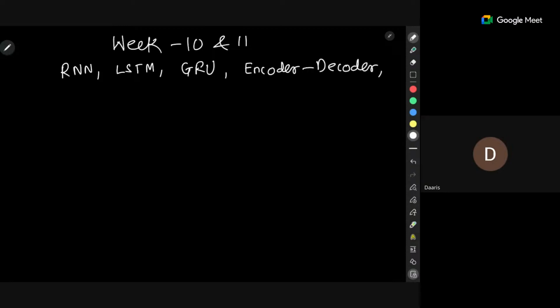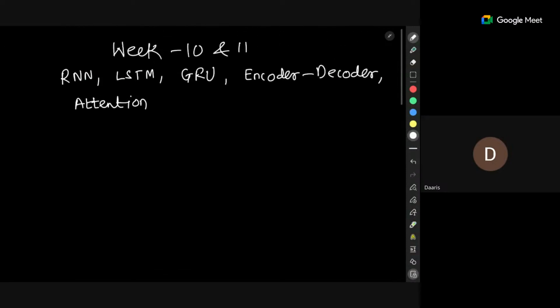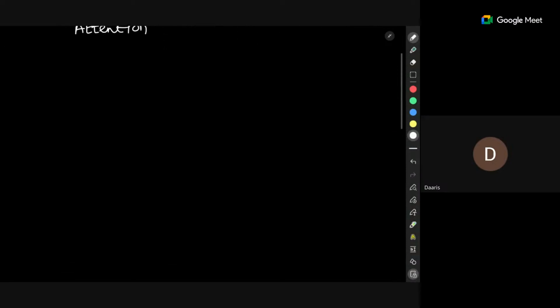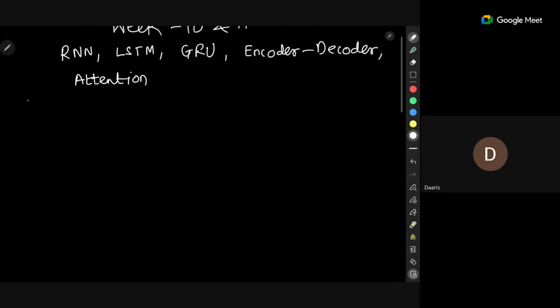And if there is time, I'll also cover attention, right? So if I cover attention, then 10, 11 will be over. We'll be able to, I guess, complete it. So okay, so I'll start with RNN.